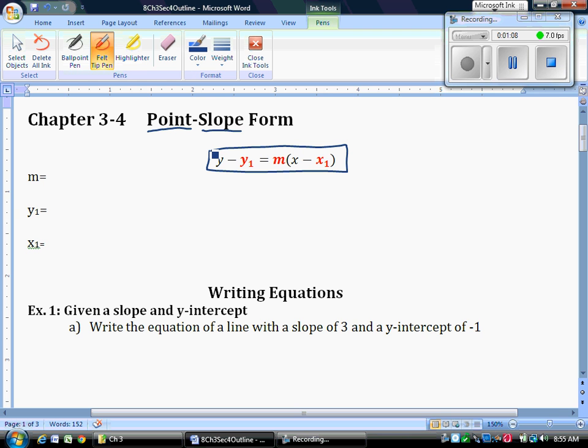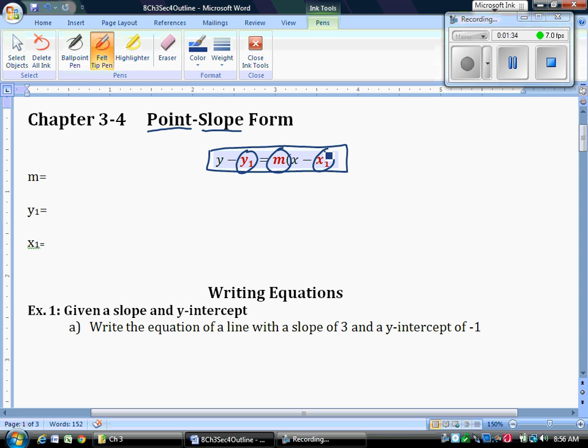What you do with point slope form is you simplify the expression, as we'll see in the examples, to get to slope intercept form. So all point slope form does is allow us to get to slope intercept form so that we can graph. You'll notice these three terms in red. I put those in red because those are the places you're going to be plugging numbers in: the y1, the m, and the x1.